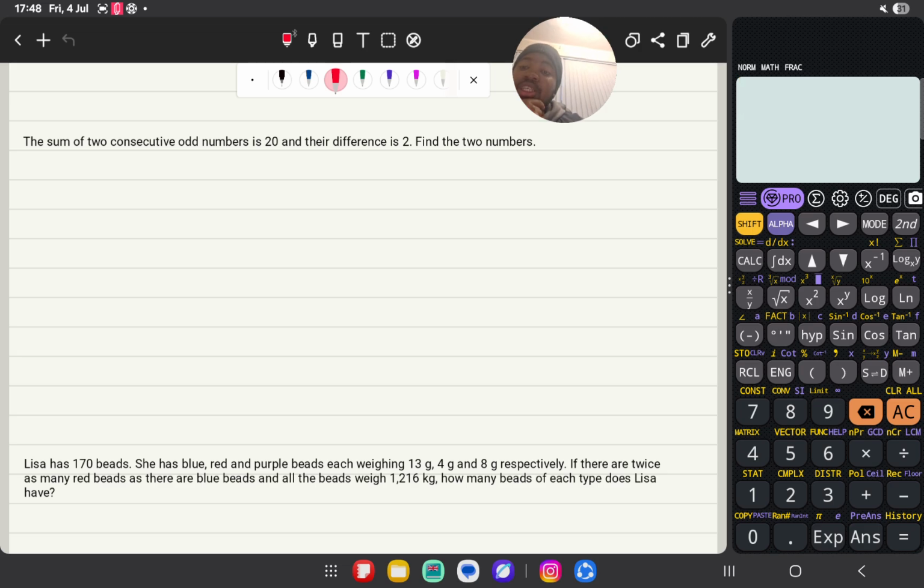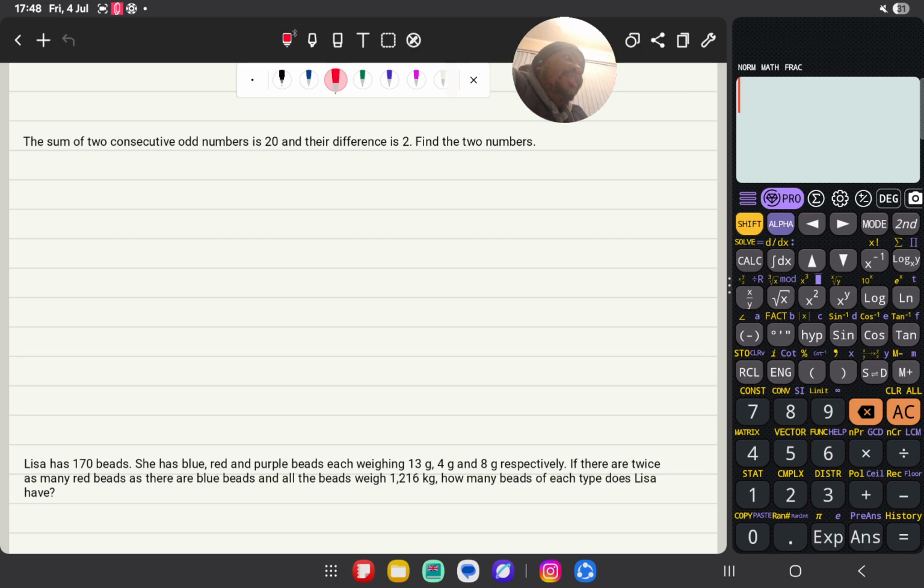The sum of two consecutive odd numbers is 20, and their difference is 2. Find the two numbers. This is beautiful.